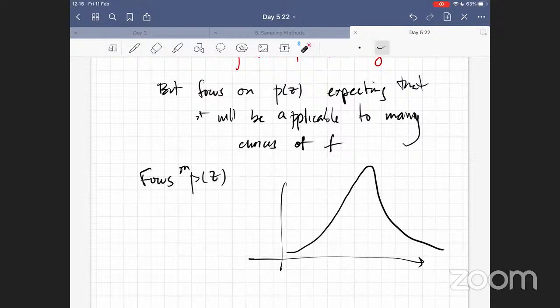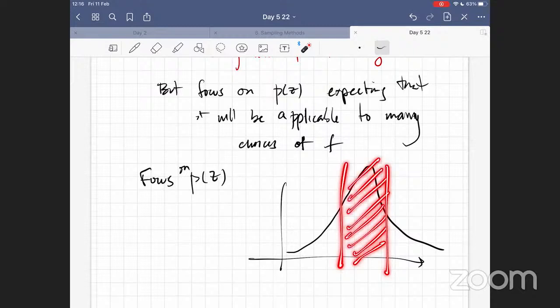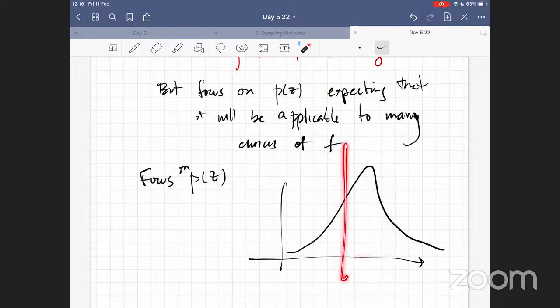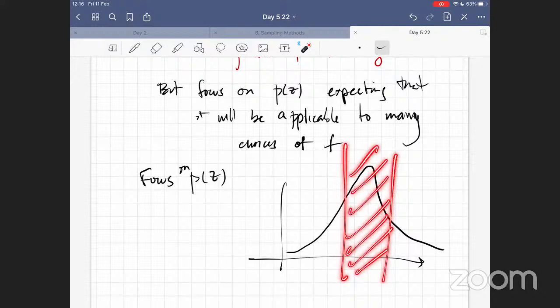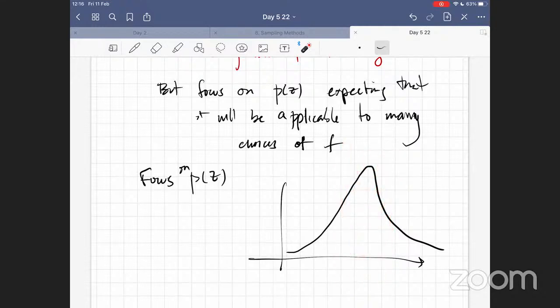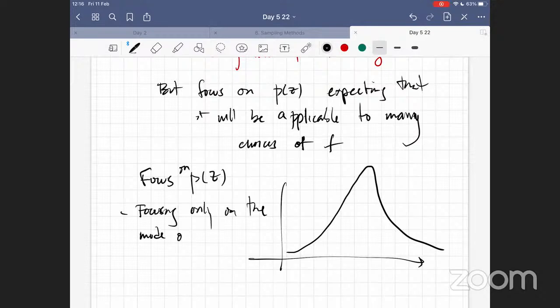Should it be the region around the mode? Imagine that we design a strategy that is only focusing on capturing the mode of P. What do you think? Only on the mode of P.